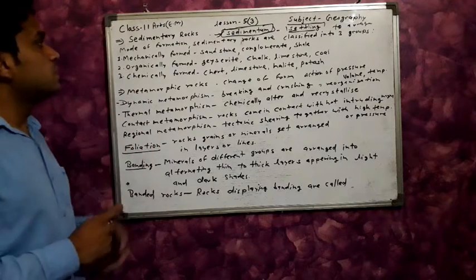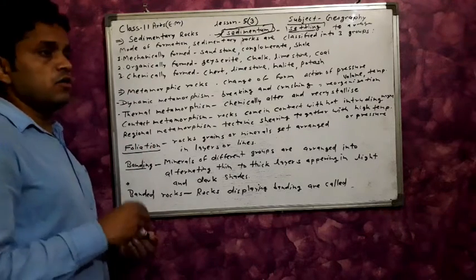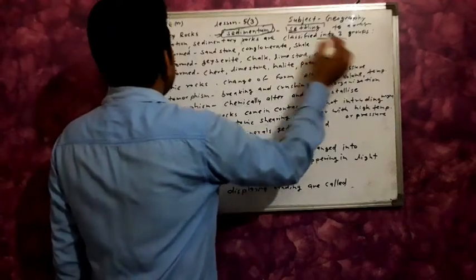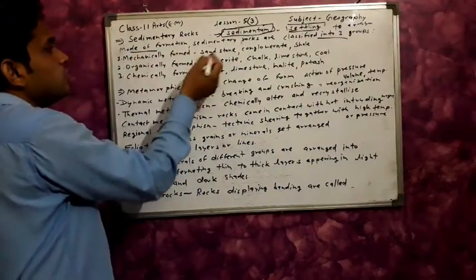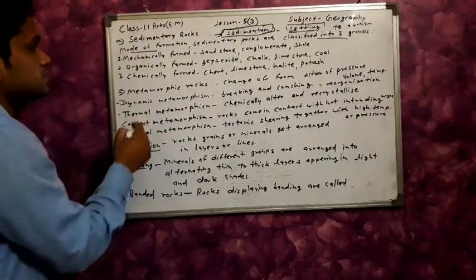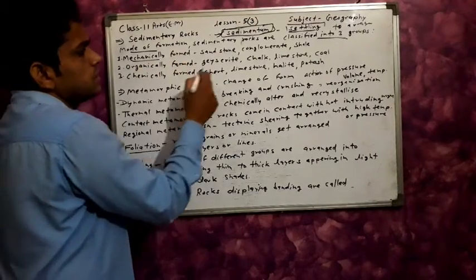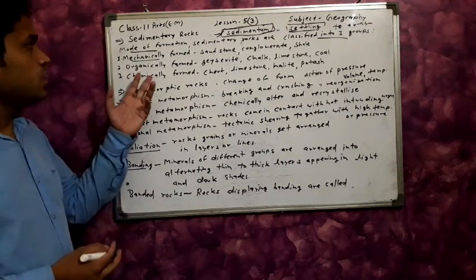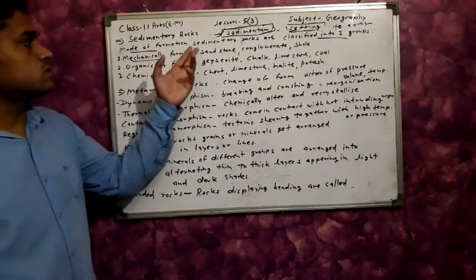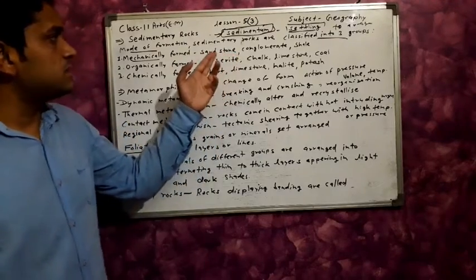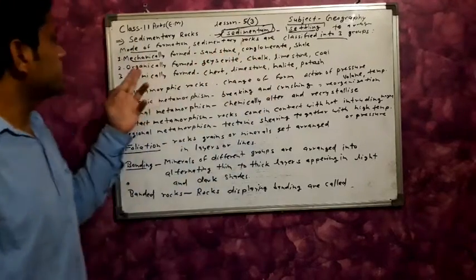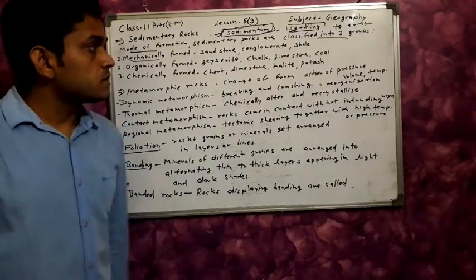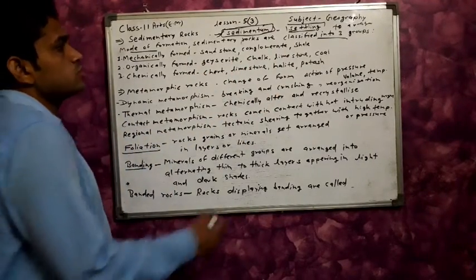First of all, the mode of formation. On the basis of the mode of formation, sedimentary rocks are classified into three groups. First is mechanically formed sedimentary rocks, the examples being sandstone, conglomerate and shale. Then the organically formed ones: geyserite, chalk, limestone and coal.